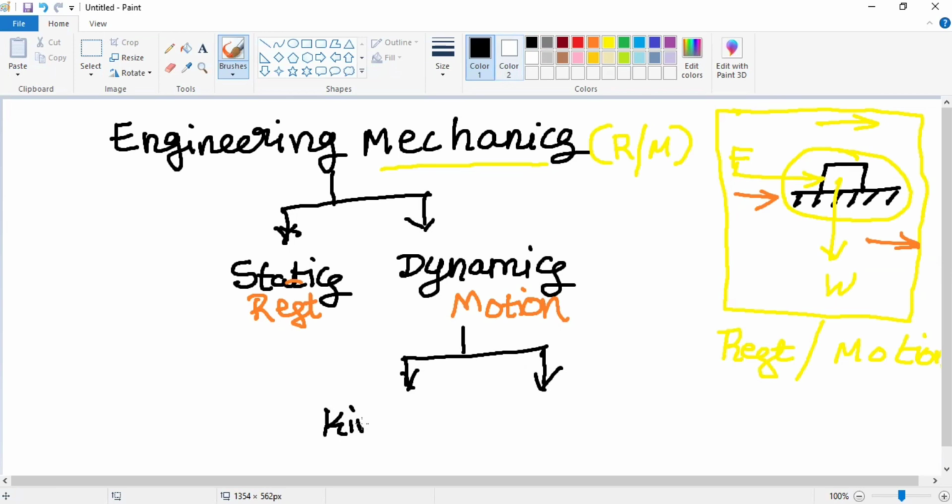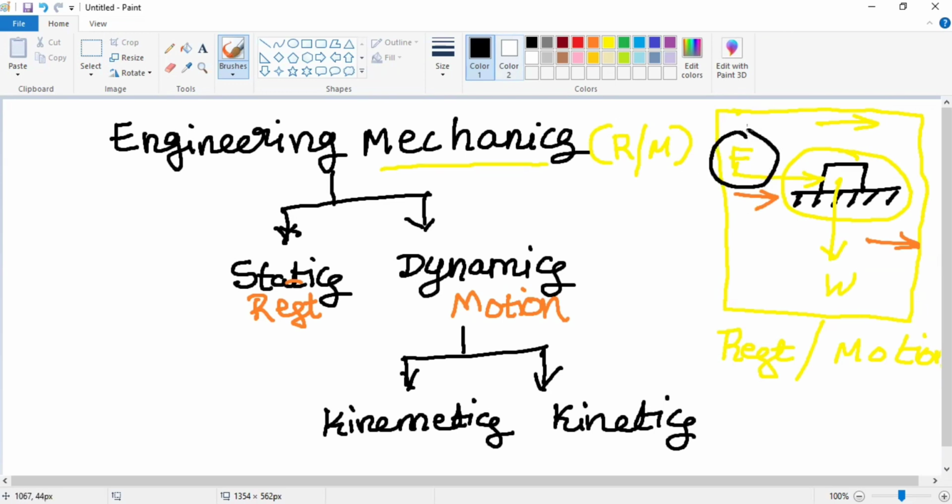One is kinematics, another one is kinetics. Here, the reason for the movement in the body is only the force.